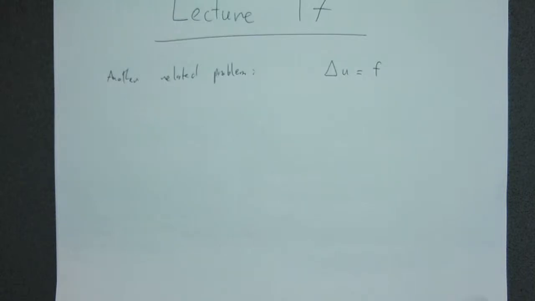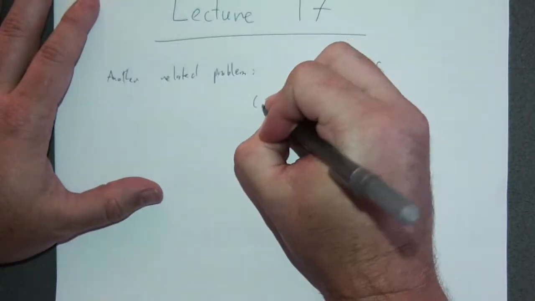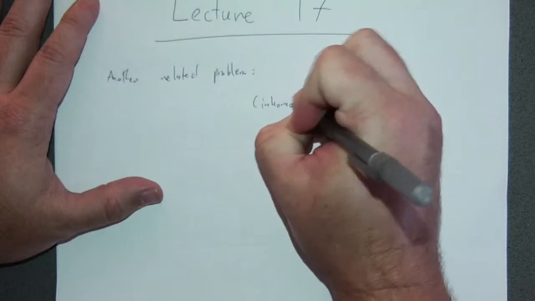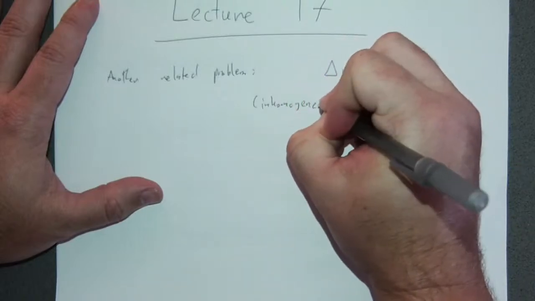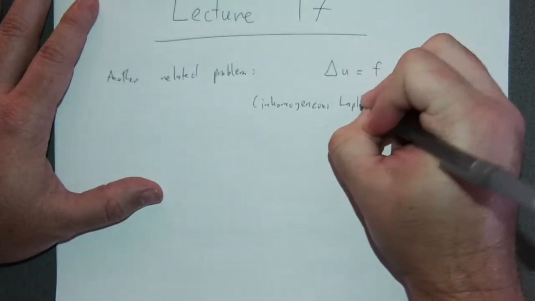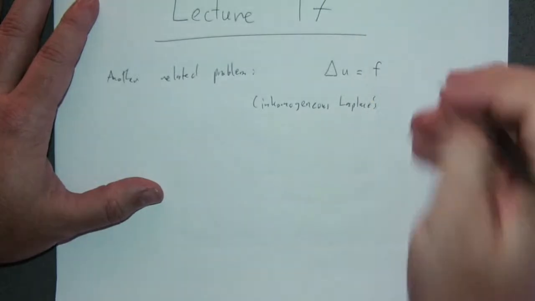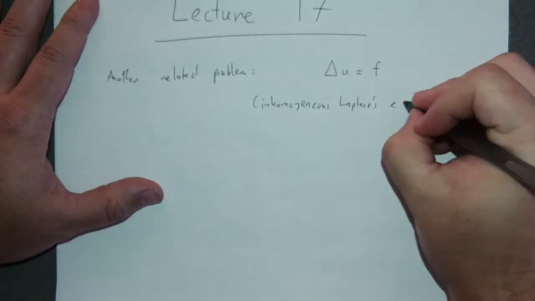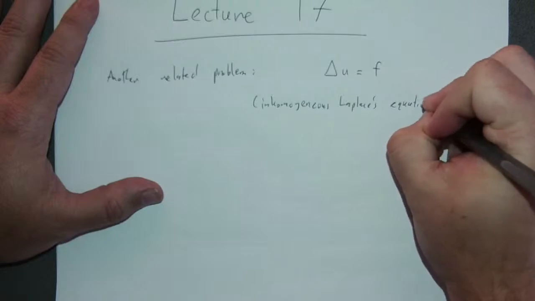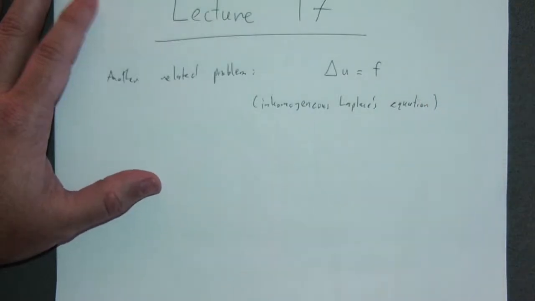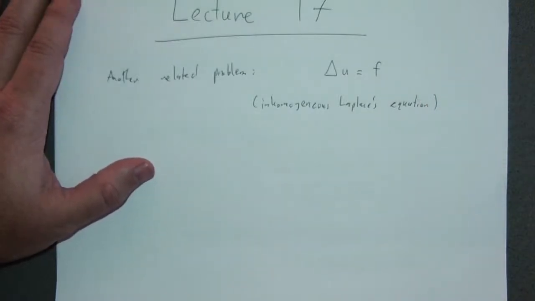So this is the inhomogeneous Laplace's equation, if you like. Nothing wrong with calling it that. So instead of having 0 on the right-hand side, I have this f. But this equation comes up so frequently that there's another term for it, and this is the Poisson equation.